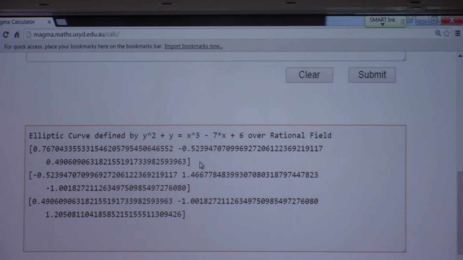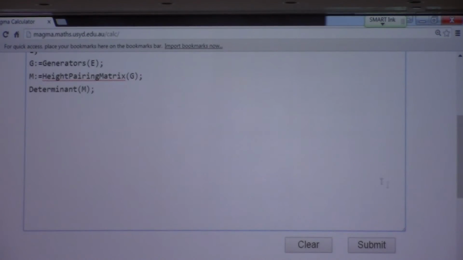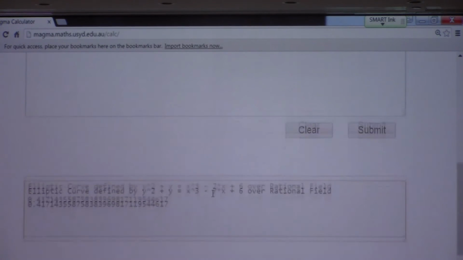There is a matrix, okay, it's 3 by 3, because there are 3 elements, and this is the pairing of P1 with P1, then P1 with P2, P1 with P3, and so on and so forth. That's the matrix. Very good. We'll call that matrix M, and then calculate the determinant of M. Excellent.